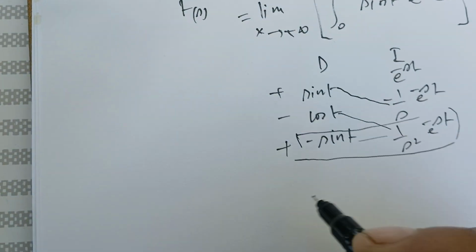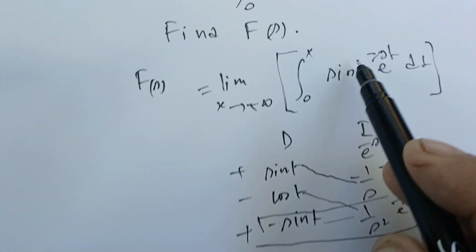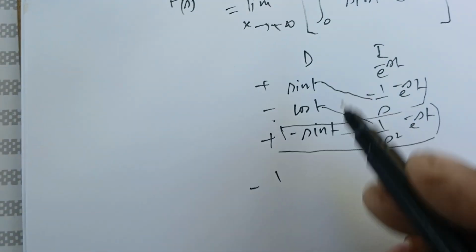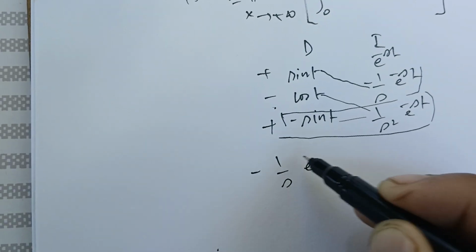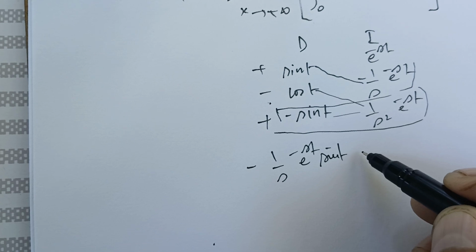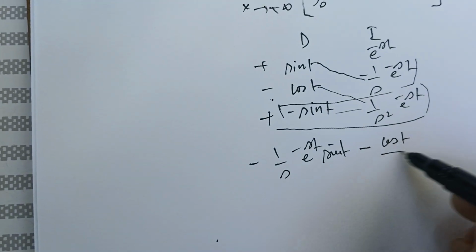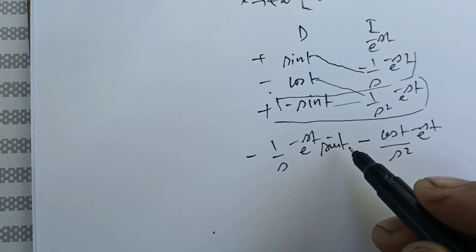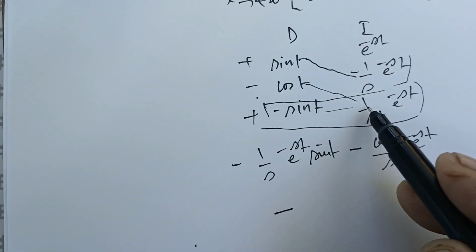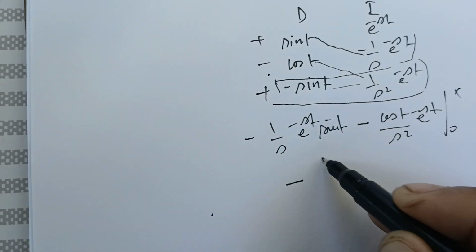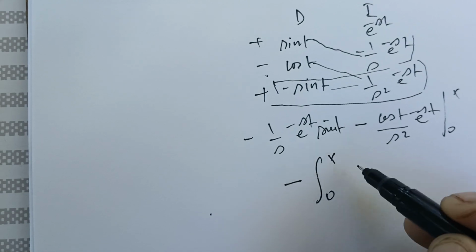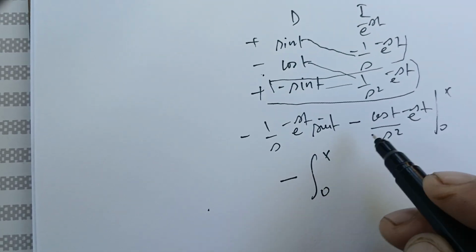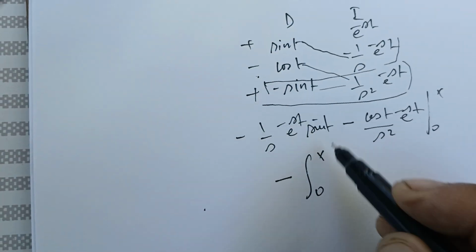So the first term will be minus 1 over s e to minus st sine t, minus cosine t over s squared e to minus st, minus, because we want to stop here between 0 and x, we integrate again between 0 and x the value of sine.